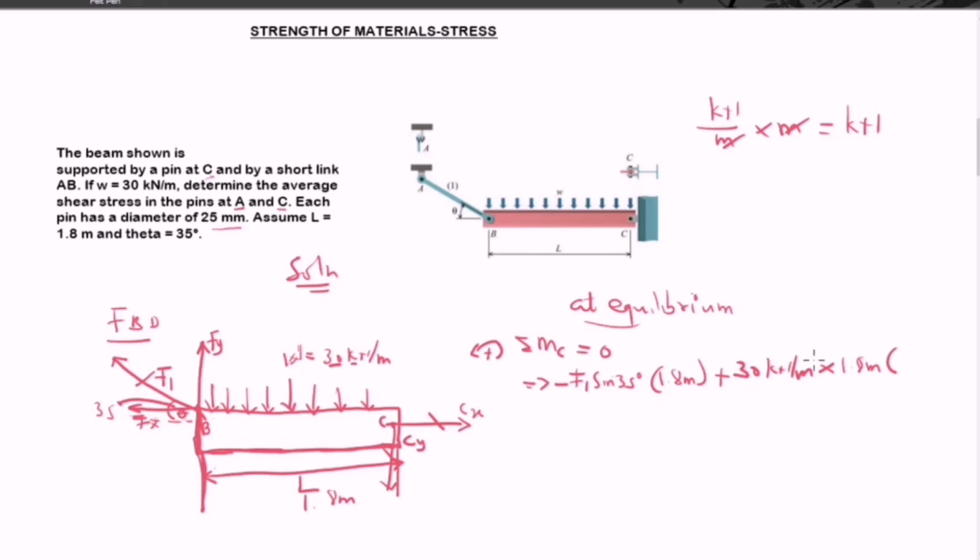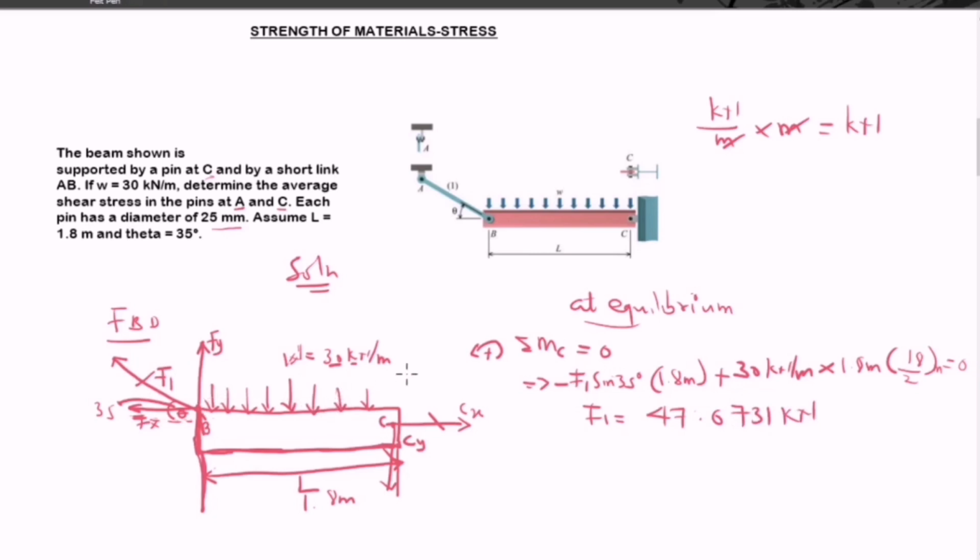So that means we're going to have 1.8 divided by 2 meters. I hope you got that. So from that, when you do it correctly, we are going to establish that our F1 will be equal to 47.0731 kilonewton. That is our force F1.